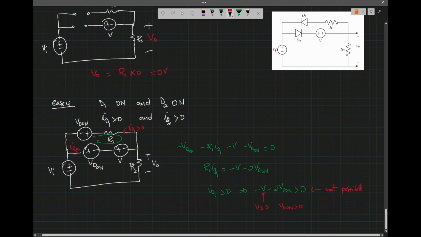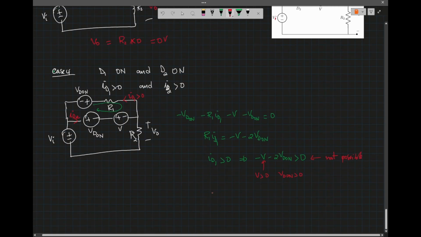So that means both diodes cannot be on at the same time, under V positive and VD on positive.